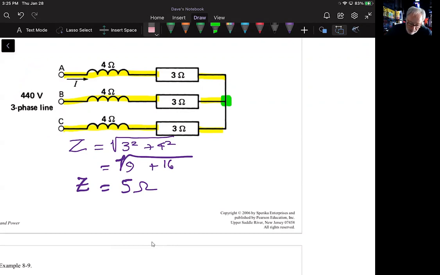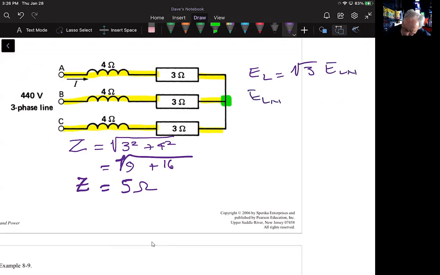Now, I want to know the voltage across each branch. The best way to do that is to go back to the equation that I had earlier, that the line voltage is equal to the square root of 3 times the line to neutral voltage.